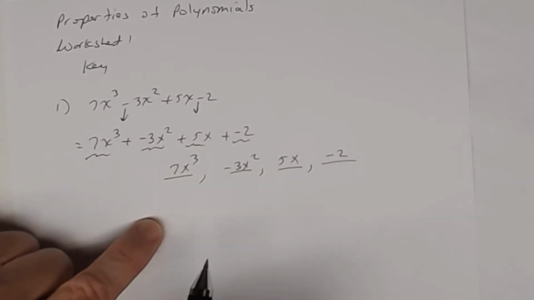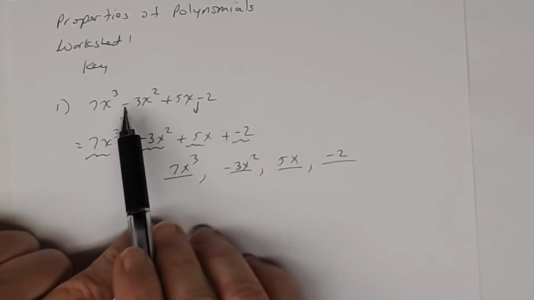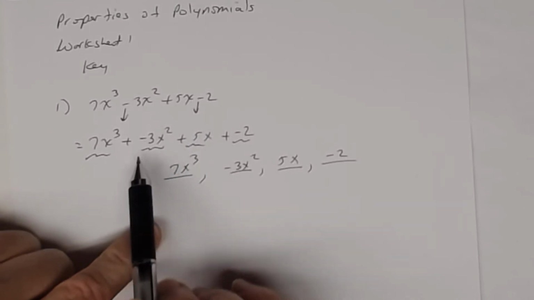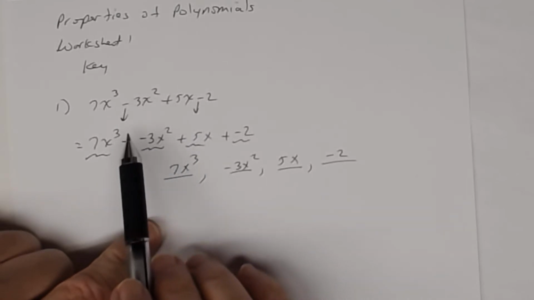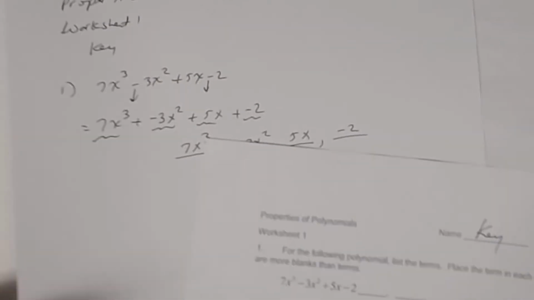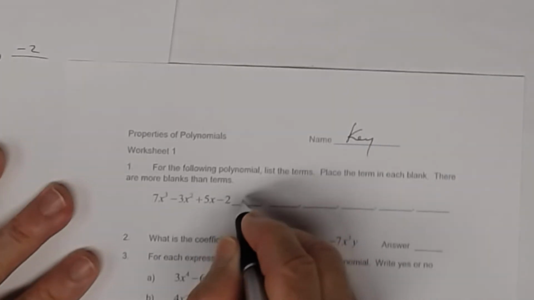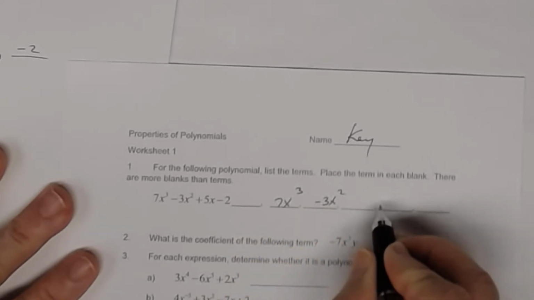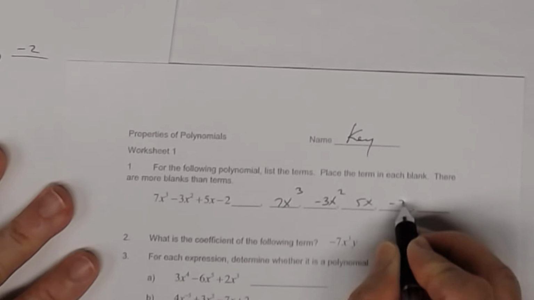So those are your terms. It is always a good idea when you're asked to identify the terms to change the subtraction to an addition problem so you don't mess up. Okay, so that's number 1. So number 1, the answer is 7x cubed, a negative 3x squared, 5x, and a negative 2.